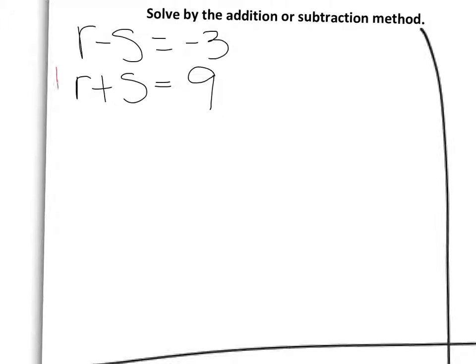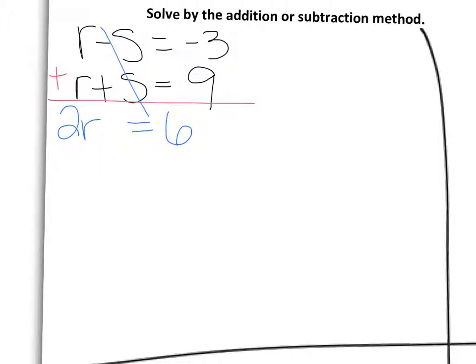So if I put a big plus sign and I add these equations together, r plus r, what does that give me? 2r. Negative s plus s? Nothing. They cancel out. That's what you want to happen. -3 plus 9 gives me 6. If this happens, you're in business. If this doesn't happen, we're going to have to explore another option, which we'll see in the next example.